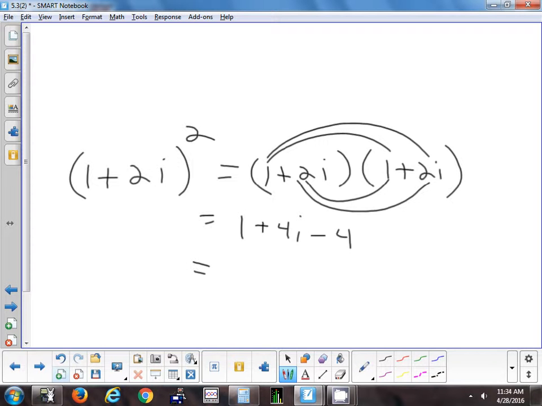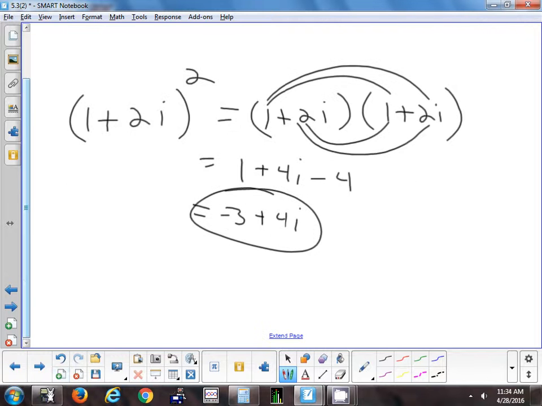And then 1 take away 4? Negative 3. Okay, so that's what you get if you do 1 plus 2i squared. Okay, we just did it out. Now, what if I wanted to do that? What does 1 plus 2i cubed mean?